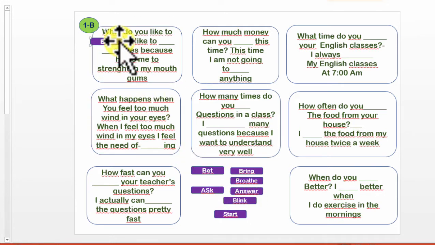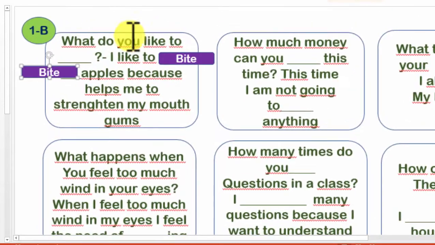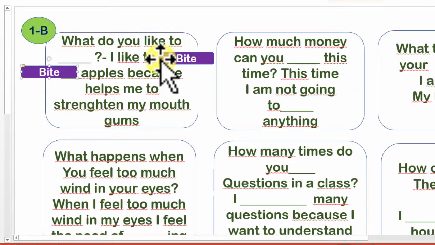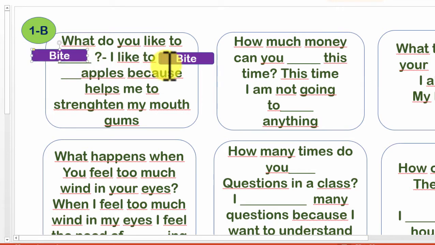Then I'm going to place bite in both sides, either in the question and the answer. Entonces quedaría what do you like to bite? I like to bite apples because helps me to strengthen my mouth gums.